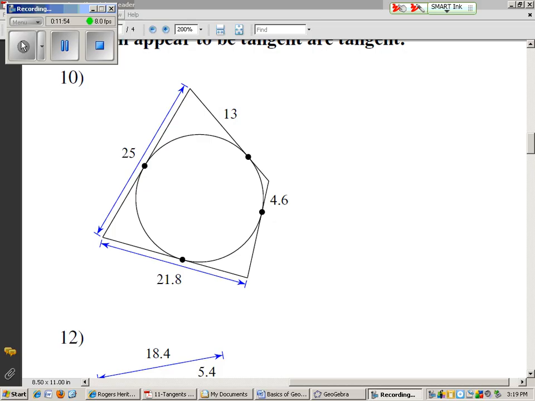Okay, we're back here for number 10. So let's highlight the ones that are going to be the same. If two tangents intersect outside, then they should be the same. So these two red ones should be the same. And these two green ones should be the same.